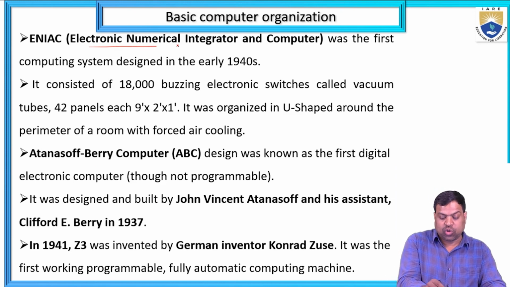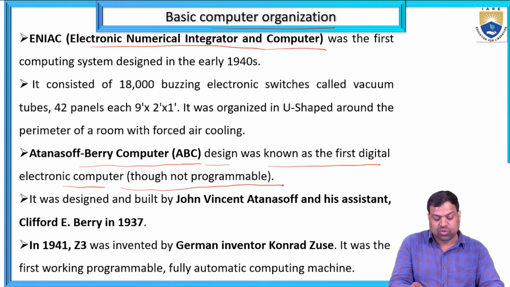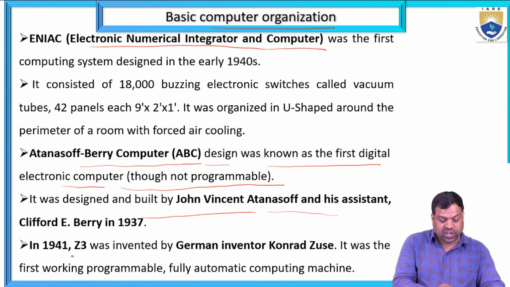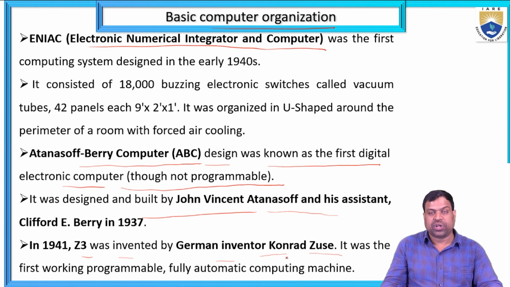The Atanasoff-Berry Computer, ABC, was known as the first digital electronic computer, though not programmable. It was designed by John Atanasoff, and in 1941 the German inventor Konrad Zuse built the first working programmable, fully automatic computer.